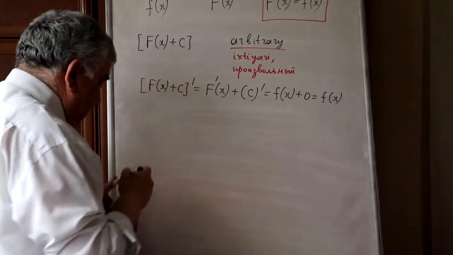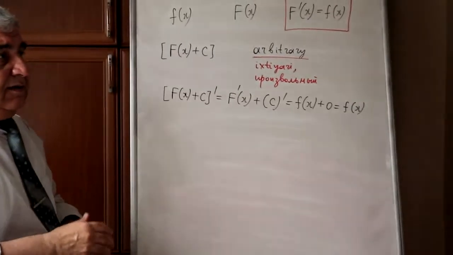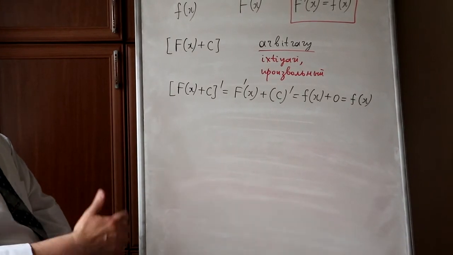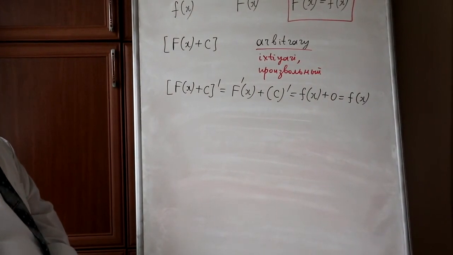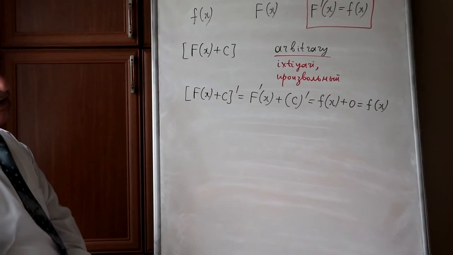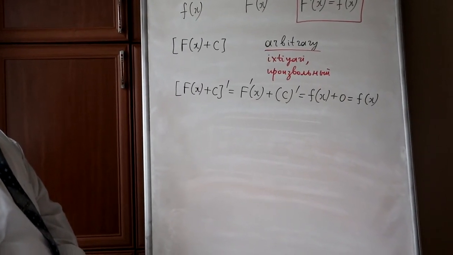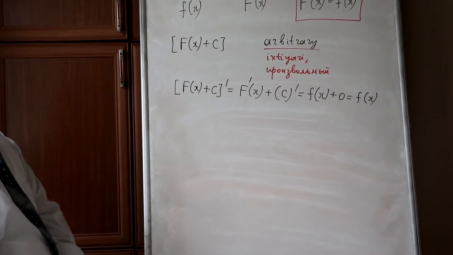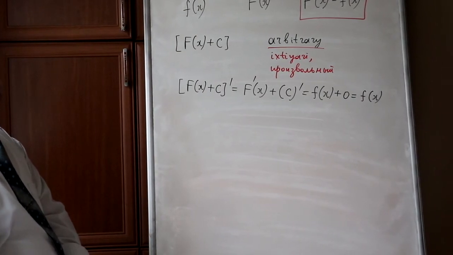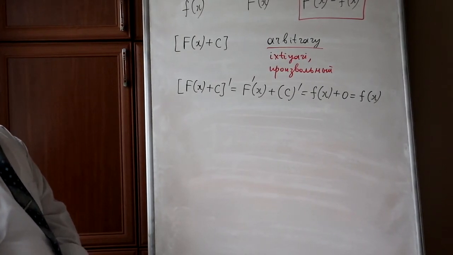It means if the given function has at least one antiderivative, then this function has an infinite number of antiderivatives. And the union of all antiderivatives is named the indefinite integral.